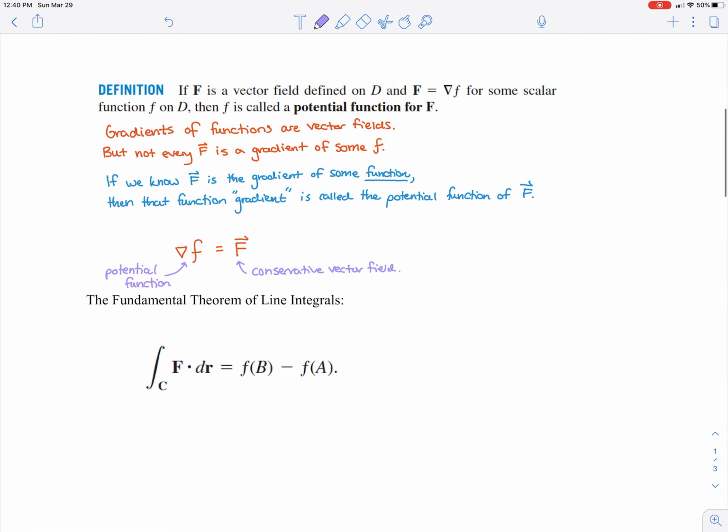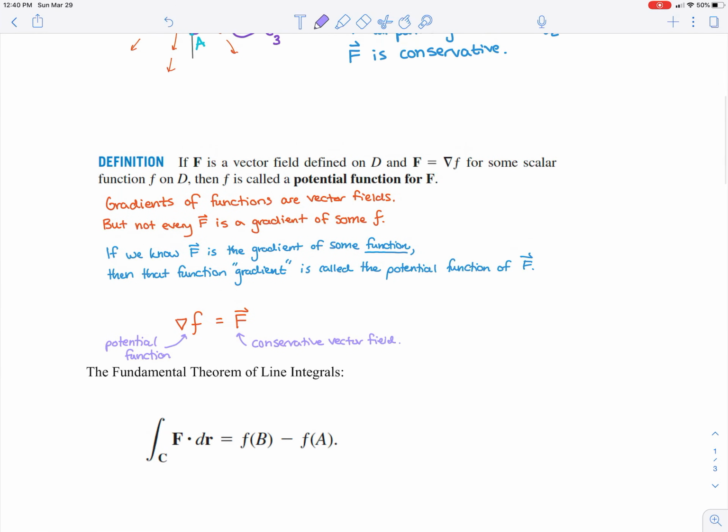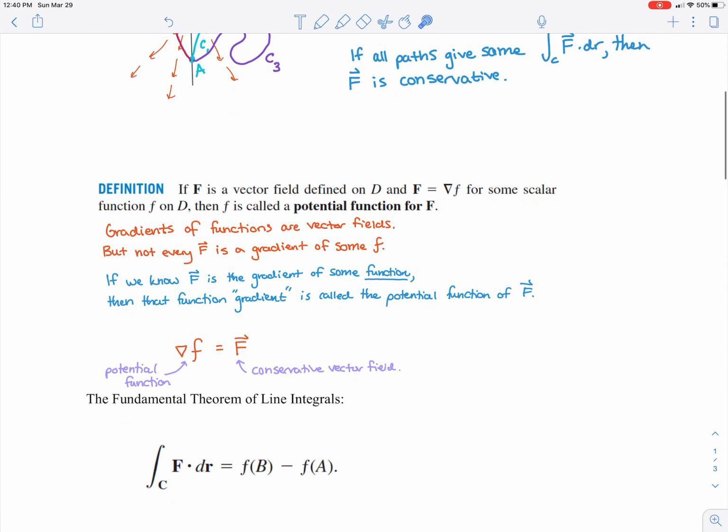So the idea is that if your vector field is the gradient of some potential function, then the vector field must be conservative. That is how we get conservative vector fields.